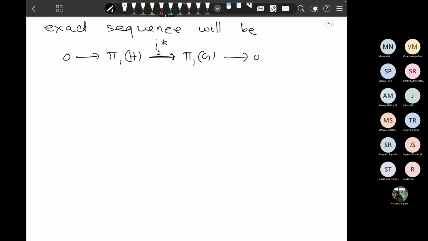This is a group, so this means i 1 star is a group isomorphism, because the left-hand side and right-hand side are 0 and this is the exact sequence. So this implies pi 1 of H is isomorphic to pi 1 of G.